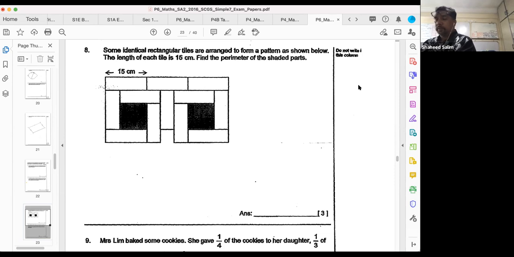Dawish, is that the final answer? Sorry, it's not close. I think you made a careless mistake.